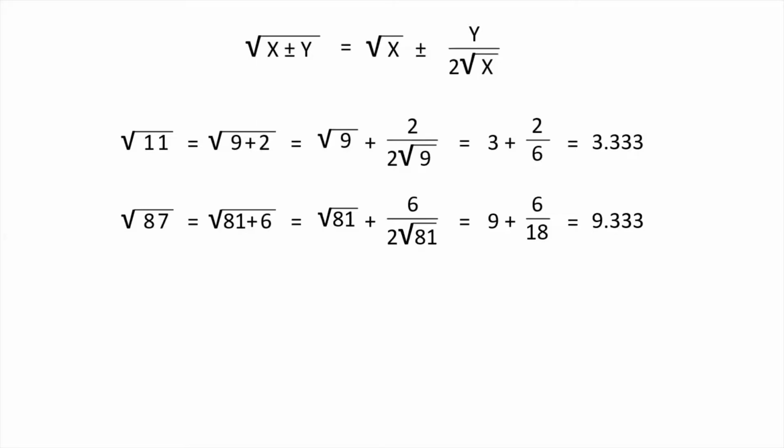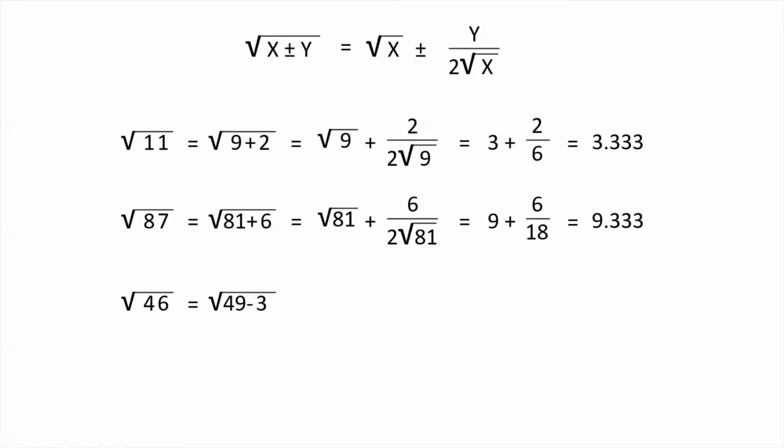Now it is not necessary that every time you have to express the value as an addition of two numbers. Suppose you want to calculate root of 46. Now I can write 46 as 49 minus 3. So if I'm writing 49 minus 3, then I have to continue with this minus sign in the calculation part also.